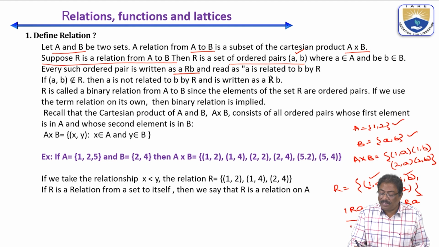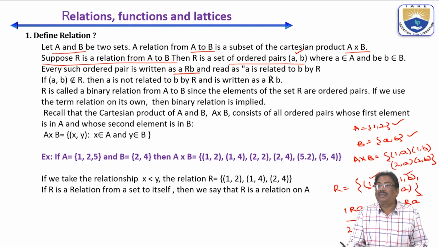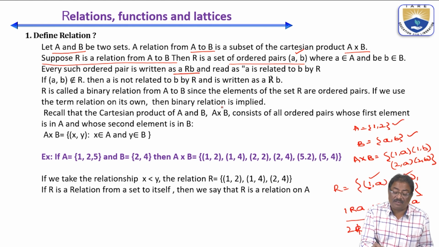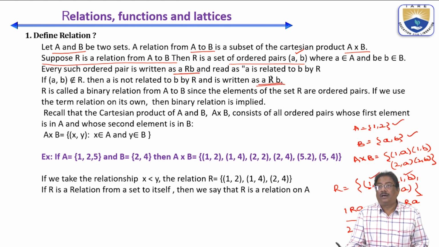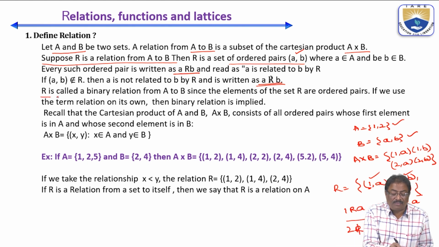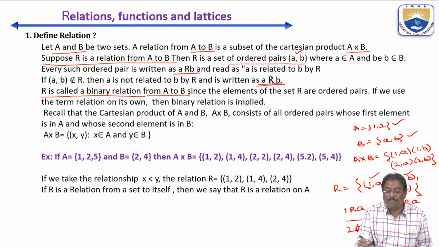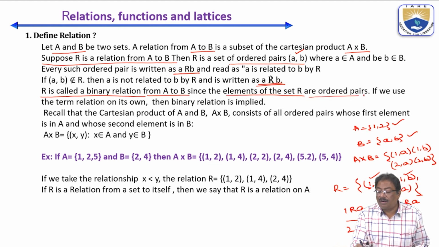Whereas if I consider 2 and b, 2 is not related to b, because (2, b) is not there in R. So 2 is not related to b. Here R is a binary relation from A to B, since the elements of R are ordered pairs.